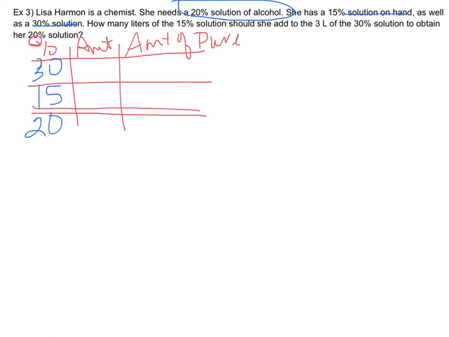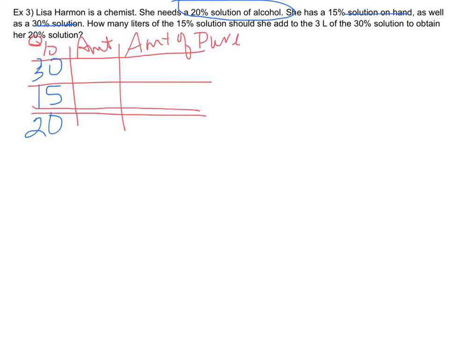Notice what's equal to the 20% is between the 15 and the 30. And that's what we want. You have a heavy concentration of the 30, a weak concentration of the 15. You put those 2 things together to give you your 20. Okay. Now, what else do we know here?